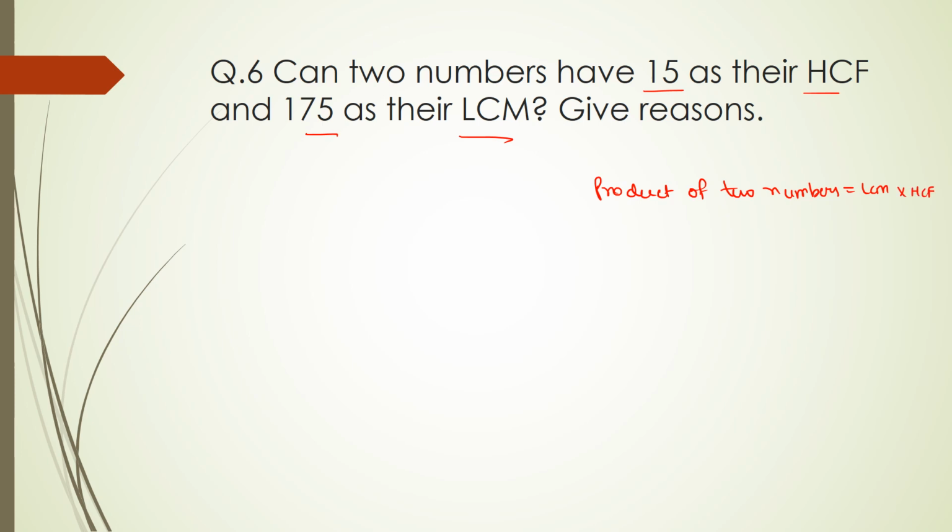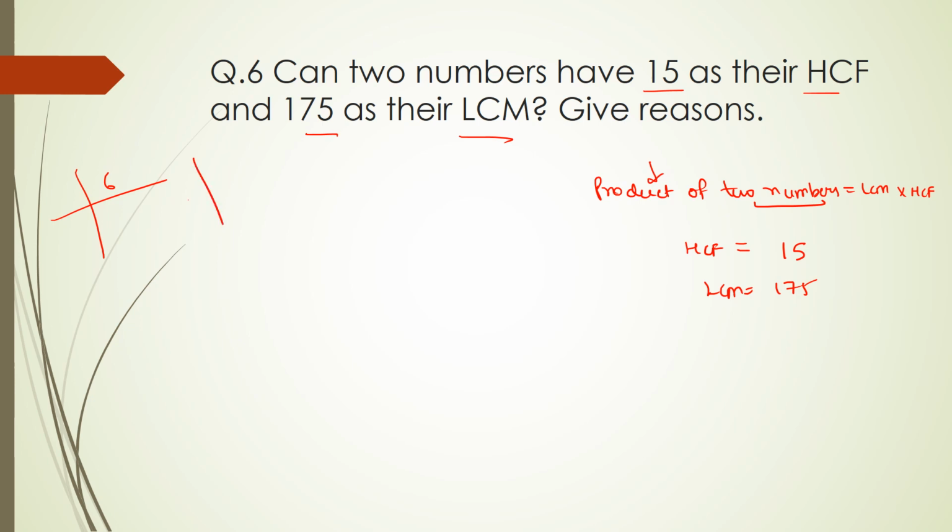But the two numbers are not given to us. It is simply saying, can we have 15 as HCF and 175 as LCM without knowing what the numbers are? So I will explain with an example.